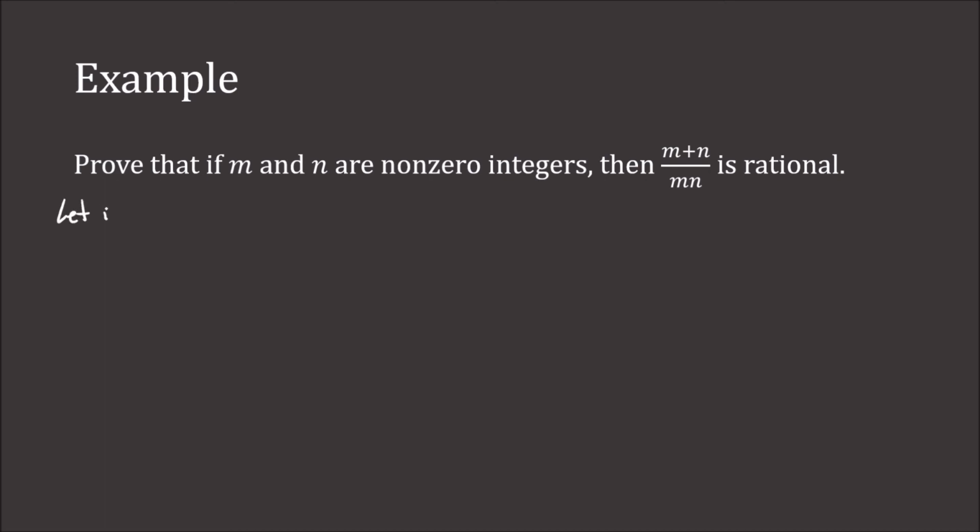So let m and n be integers, and m is not equal to 0, and n is not equal to 0. What we want to show is that m plus n over m times n is a rational number.